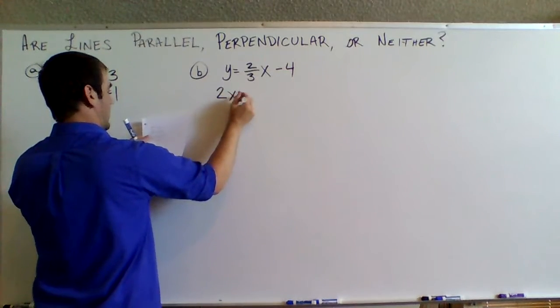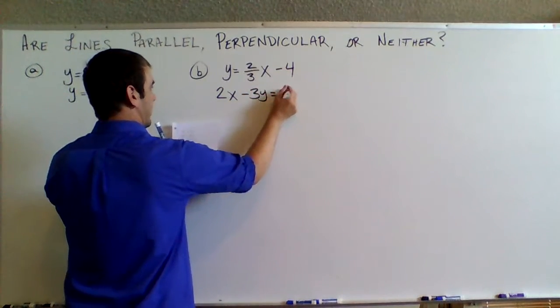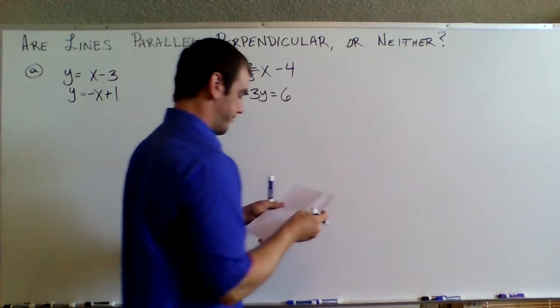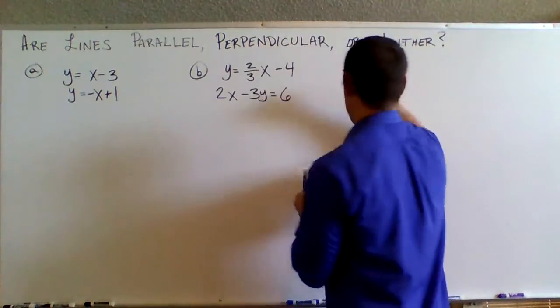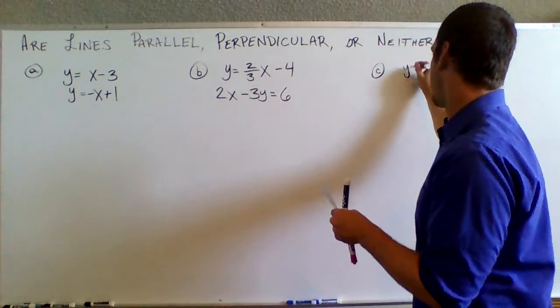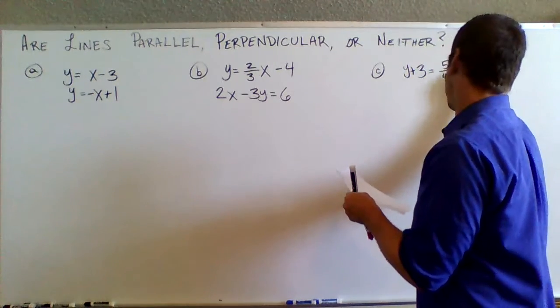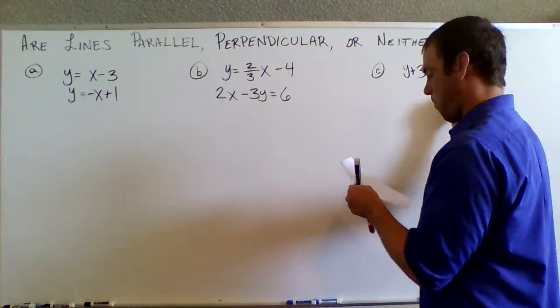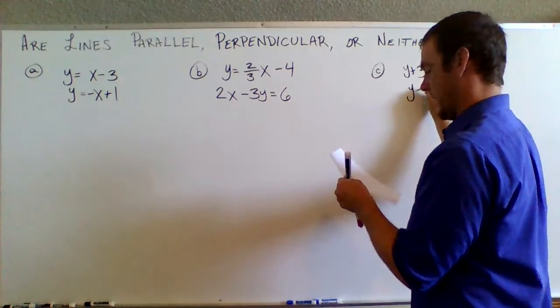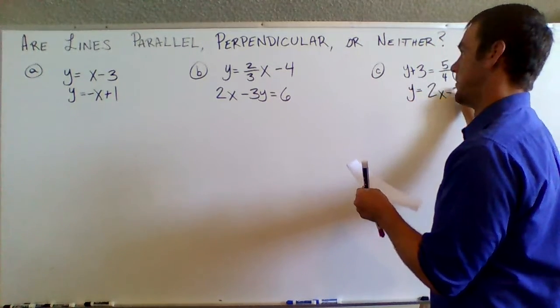And then we have 2x minus 3y equals 6. I'll just put 3 of them up here for now. y plus 3 equals 5 over 4 times x minus 2. And we have y equals 2x minus 3.